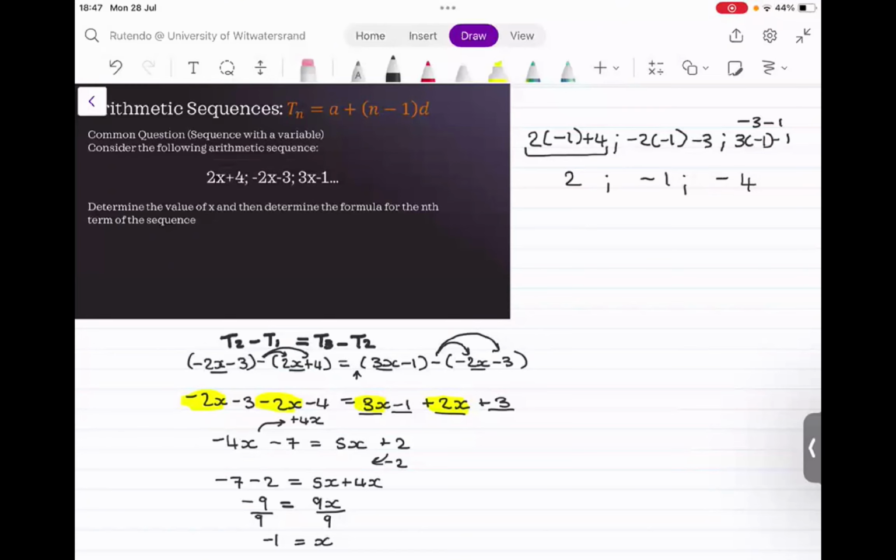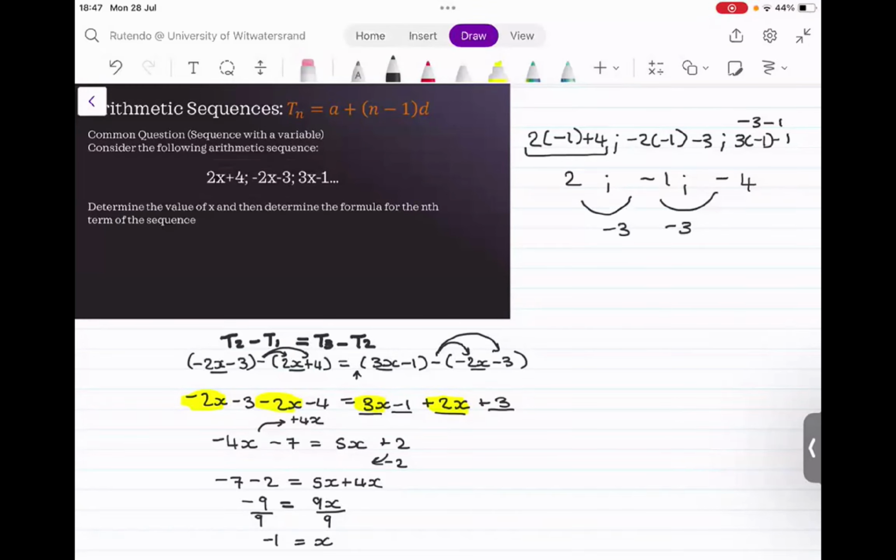Okay, and so now can I see that there's a common difference? The difference between this and this is minus 3. And then the difference between this and this is minus 3 as well. Well done.